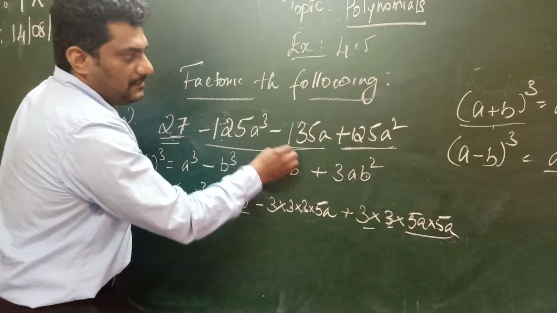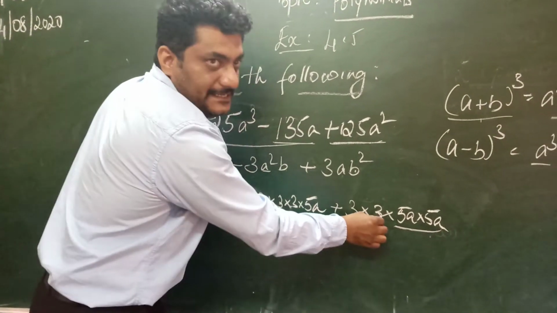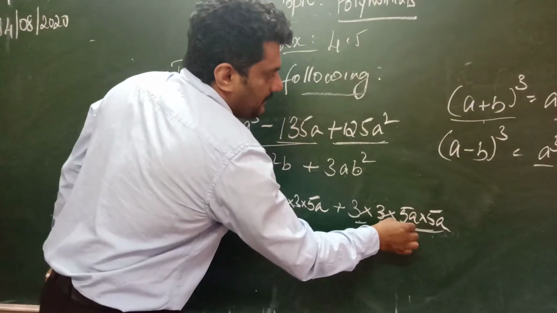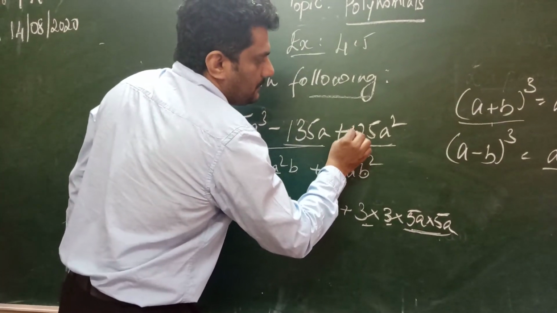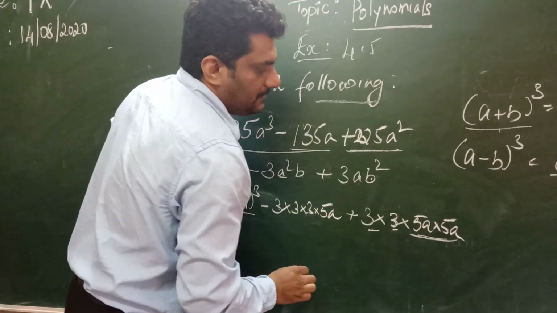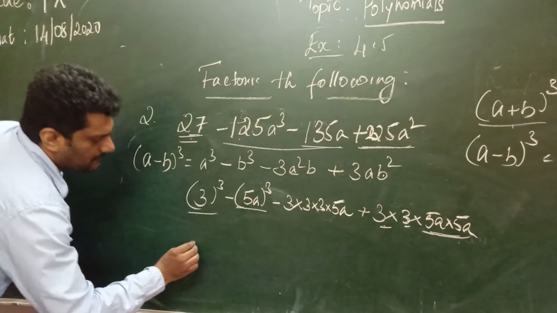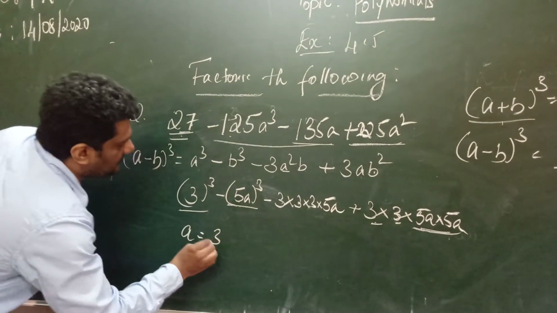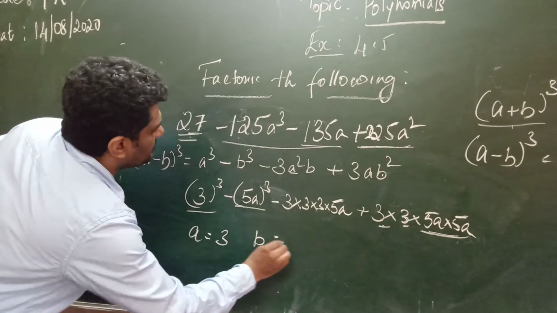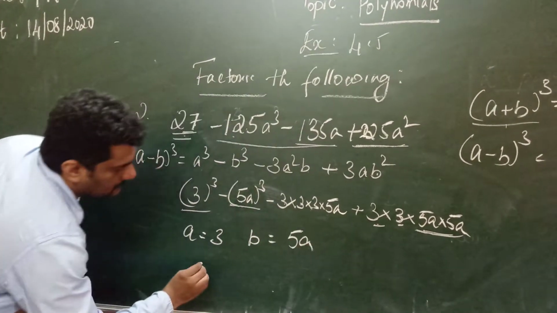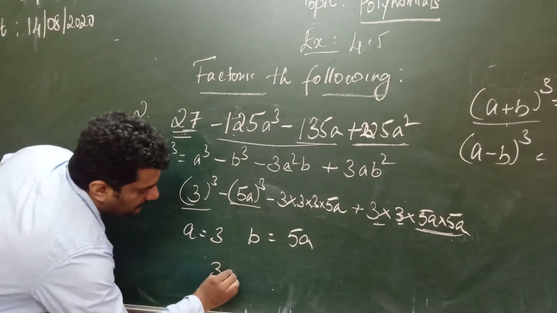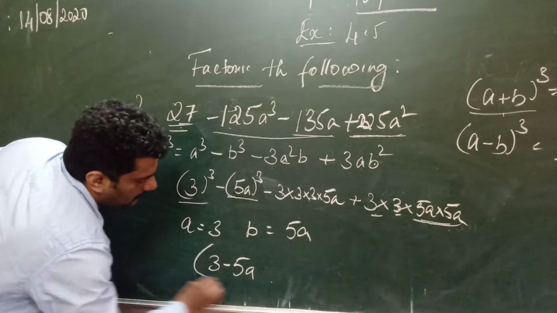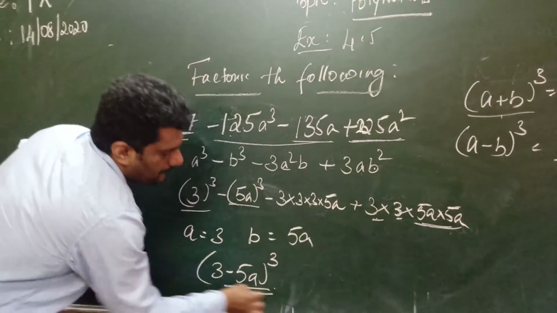We get this. Now again, 3 into 3, 9, 9 into 25 is 225a square, which is nothing but the value of a is 3, the value of b is 5a. So you are writing as 3 minus 5a whole cube.